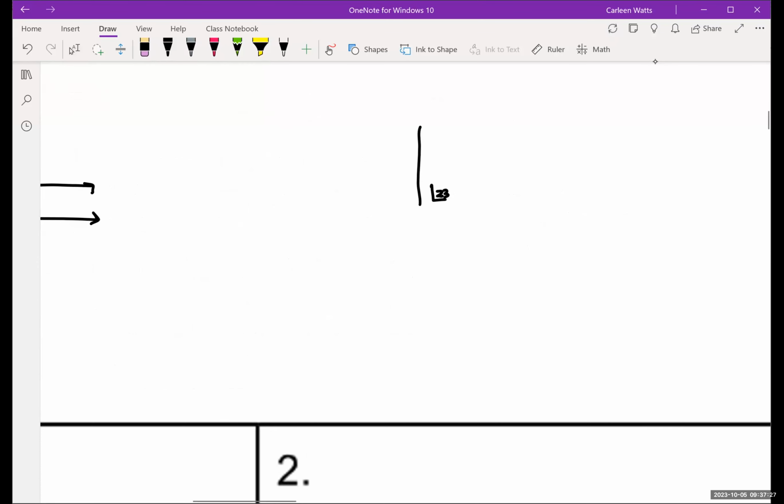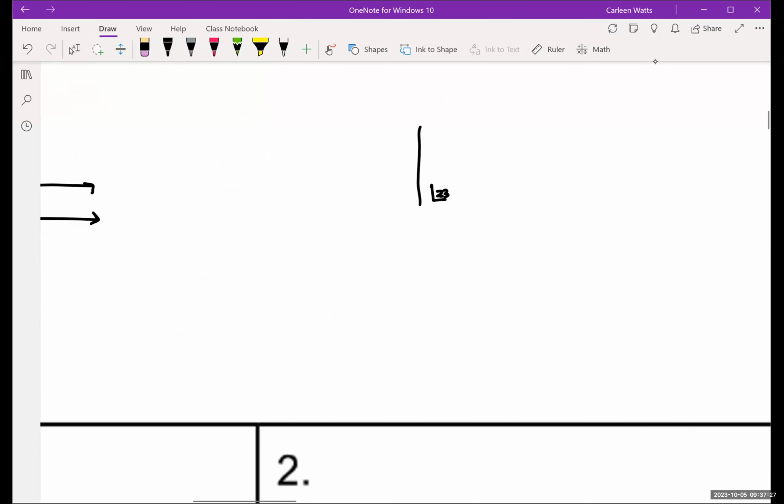I need you to name an angle on the interior of my parallel lines. What would be an angle on the interior? You gave me both. Awesome. If I say angle 4, that's on the interior.